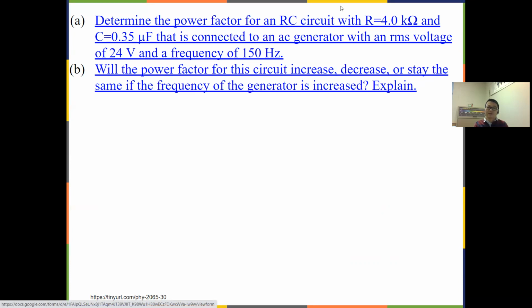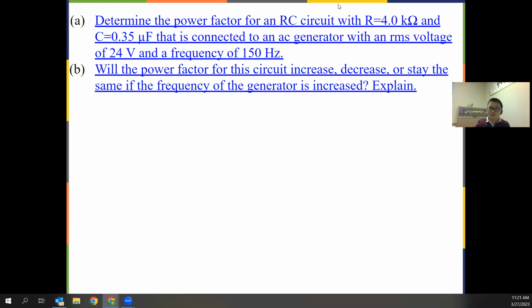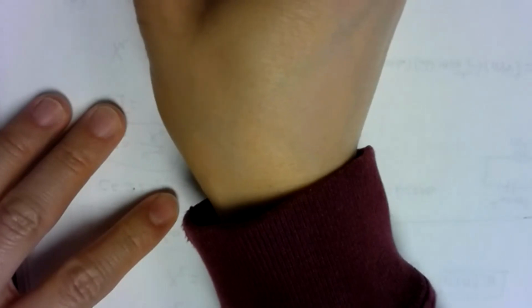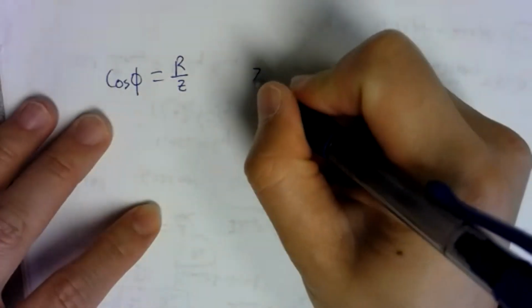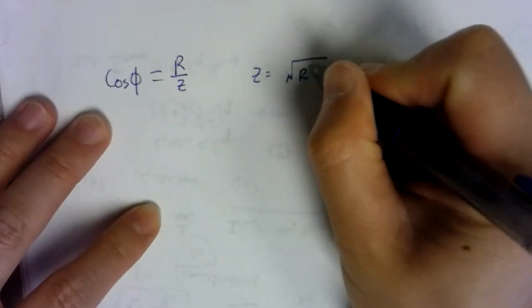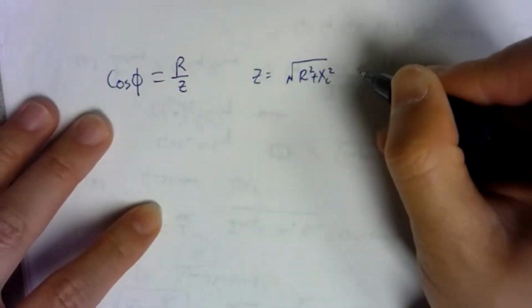So the power factor is equal to cosine of phi, which is equal to R over Z, what we learned earlier. It gives us R, we just need to find Z. So Z is equal to the square root of R squared plus XC squared.